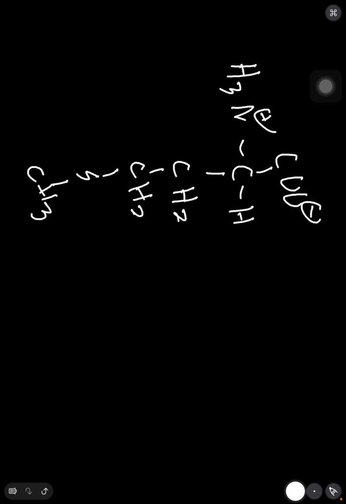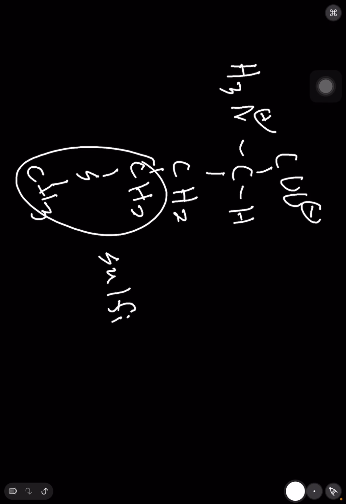Okay, so this is your sulfide group over there. A sulfide basically has a couple of carbons that are connected by a sulfur. Sulfur is a little bit more electronegative than carbon, but not enough to create a really big dipole moment in and of itself. So that's why it's still classified as being mostly nonpolar.